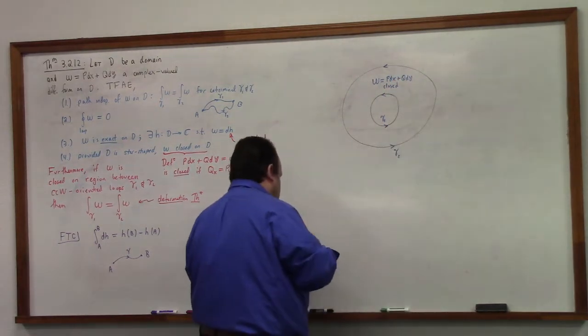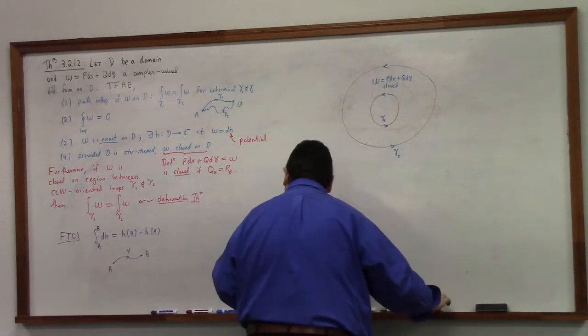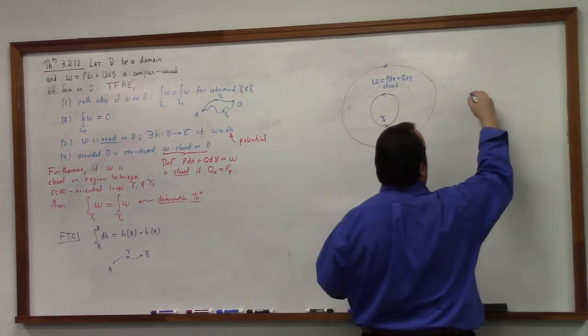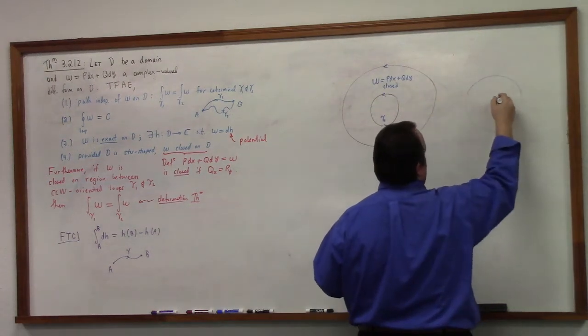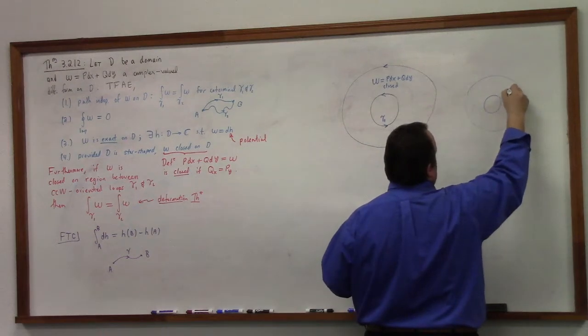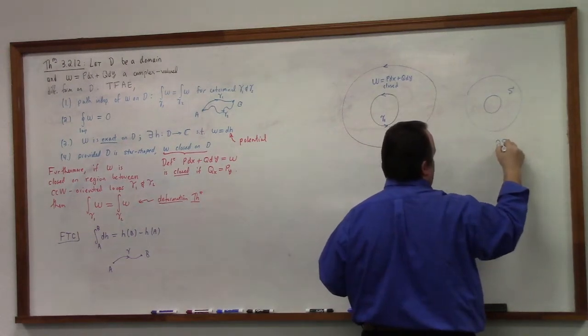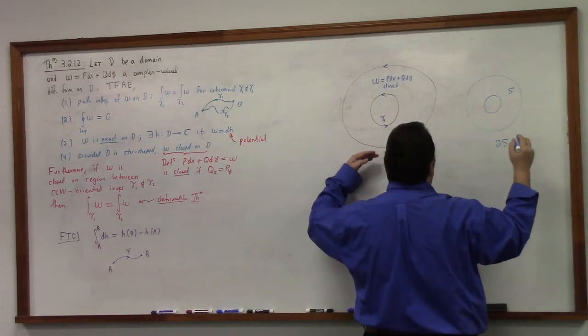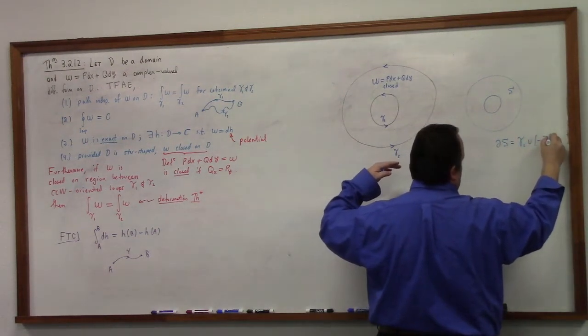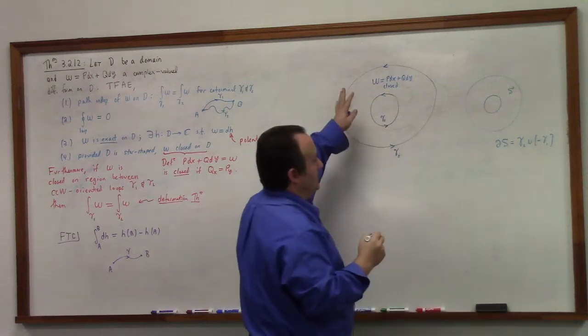And so what we have to do is look at the region between. Let me just draw another picture over here. So this is the region S. The boundary of S is, on the one hand, gamma 2, but its union with minus gamma 1, because gamma 1 is going the wrong direction.